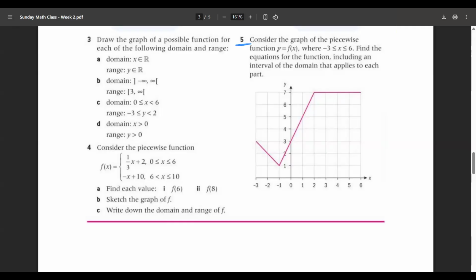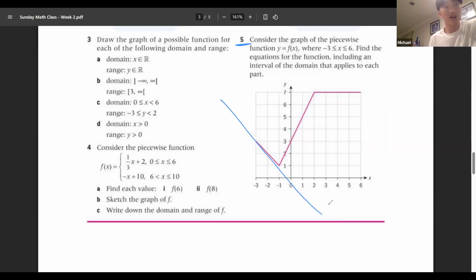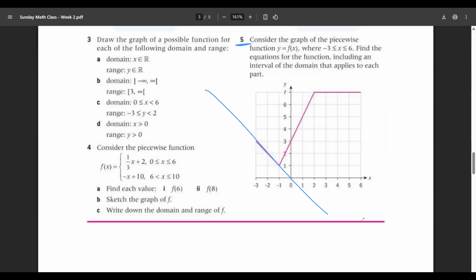Where do I even start? I haven't done anything like this before. If you extend this line, how do you find the equation of this line? Rise over run for the gradient. Yeah, something like that. Just find the equation of the straight line.